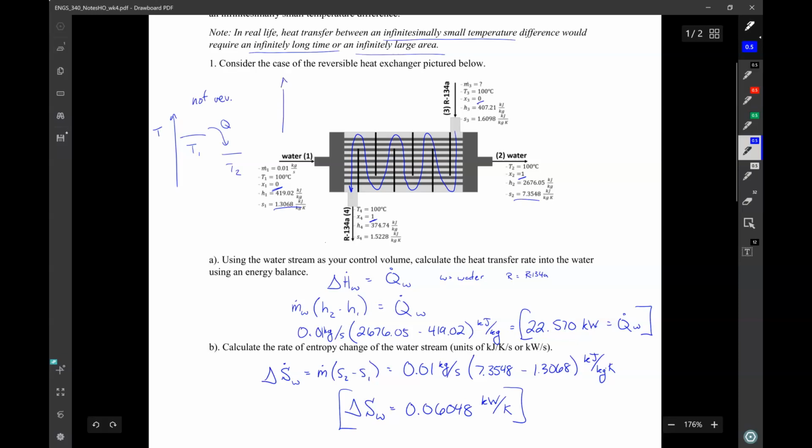And if we have, for instance, T1 and T2 nearly equal, then Q could go either way, which is reversible. And the smaller this temperature delta T, the smaller that temperature difference is, the closer for a heat exchange we're going to be to this ideal case where we would have a reversible heat exchange.